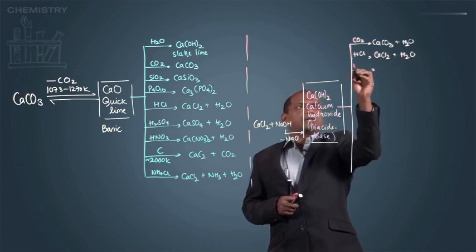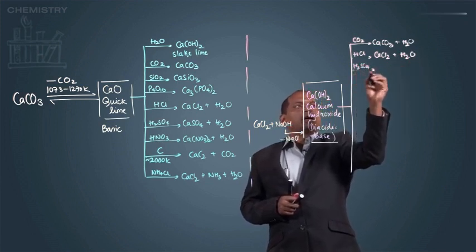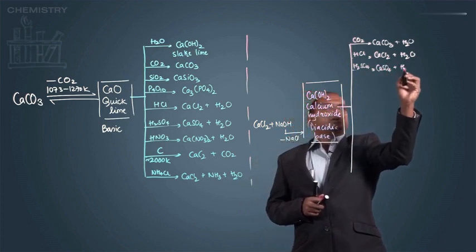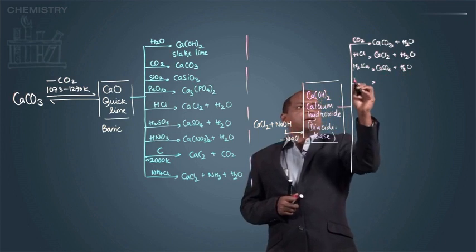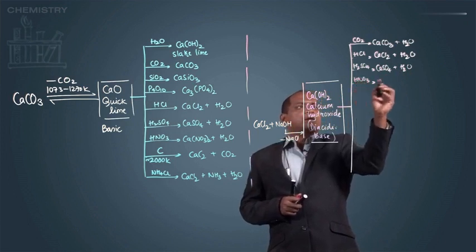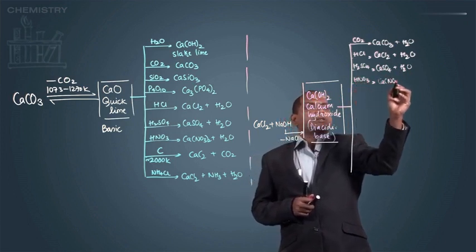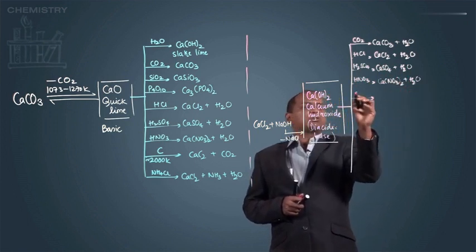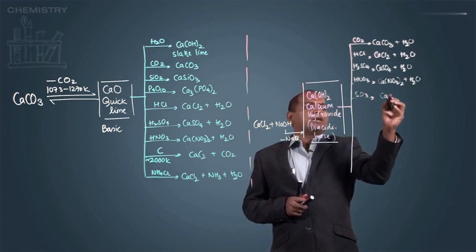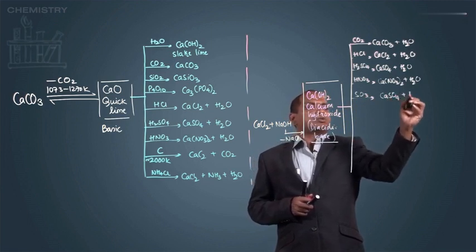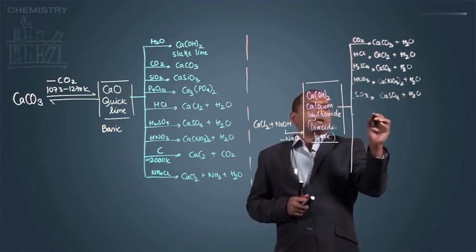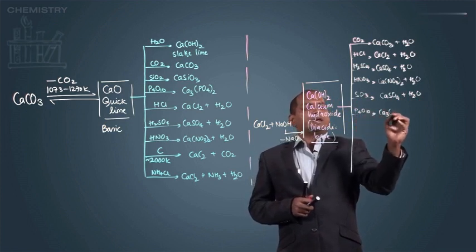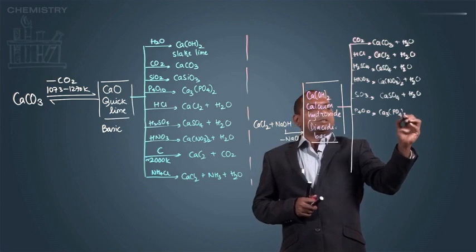It can react with H2SO4, so that you get CaSO4 plus H2O. It can react with HNO3, so that we get Ca(NO3)2, calcium nitrate, plus H2O. It can react with SO3, so that we get calcium sulfate plus H2O. It can react with P4O10, phosphorus pentoxide, we get calcium phosphate plus H2O.